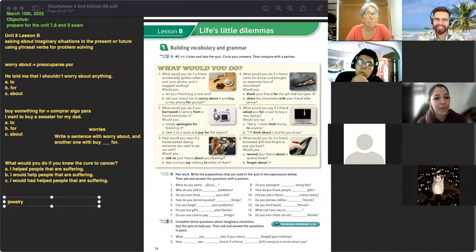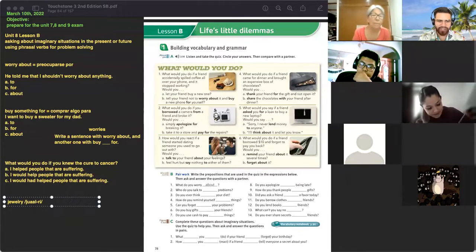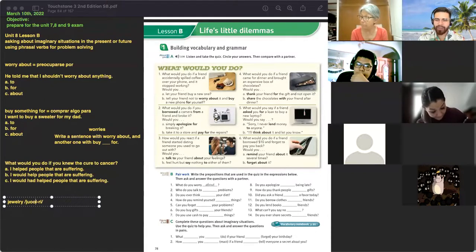Jewelry. Jewelry for my mom. Okay. It's kind of hard. Jewelry. Okay, you want to buy jewelry for your mom? That's nice. Good daughter. And one more person, Alejandra.